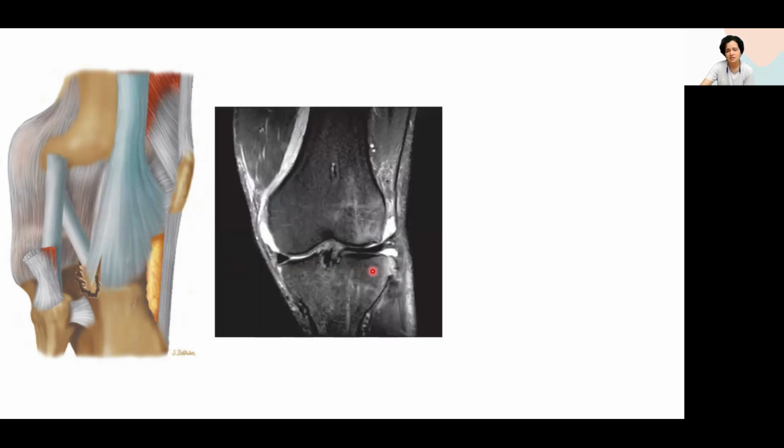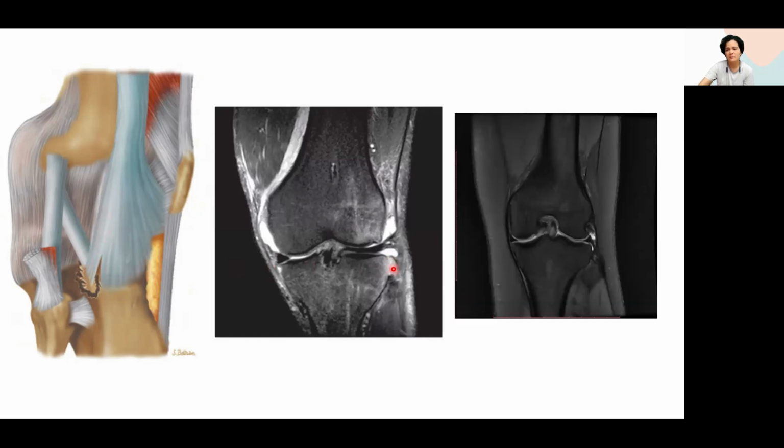So what is the mechanism of Segond fracture? Segond fracture is basically because of an avulsion fracture of the anterolateral ligament. The anterolateral ligament is formed by the posterior fibers of the iliotibial tract and the anterior fibers of the lateral collateral ligament. Here we can see there is a Segond fracture because of rupture of the anterolateral ligament.